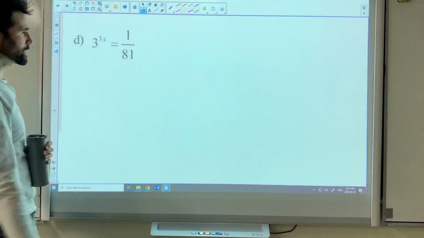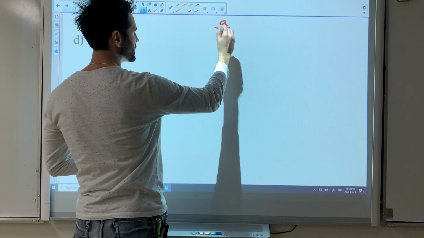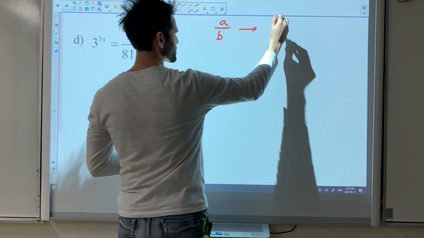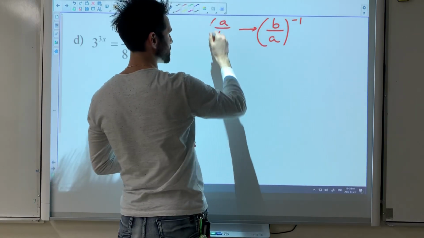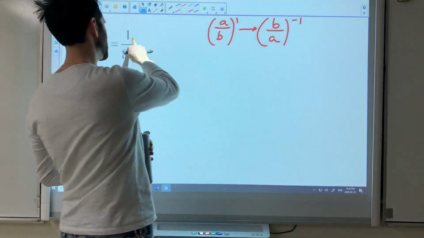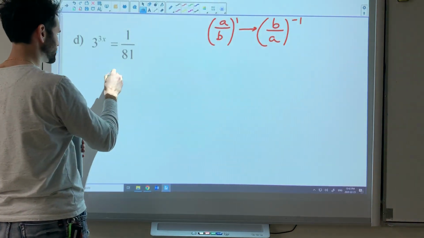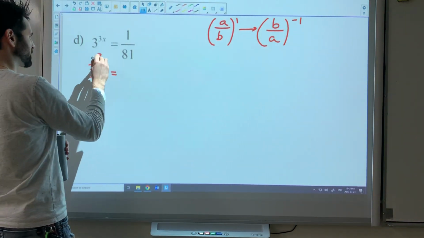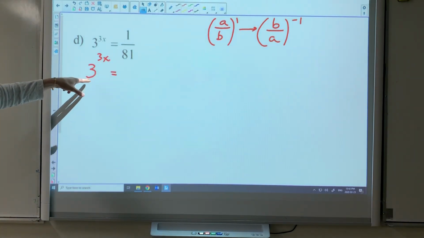You knew there would be fractions eventually. So reminder, if you have a over b, if you do the reciprocal, you now have a negative exponent. Okay, so raised to the power of 1. That's the case over here. So I can rewrite this as, well, there's lots of ways to think about it. I guess the question is, can I write 81 with a base of 3?